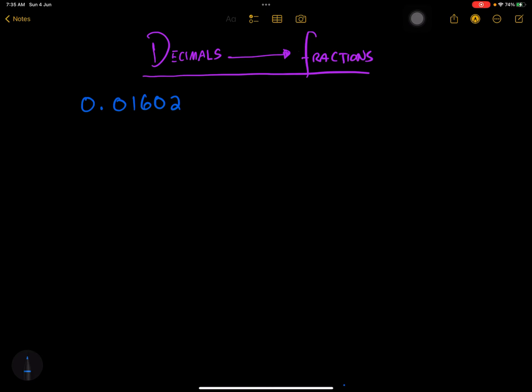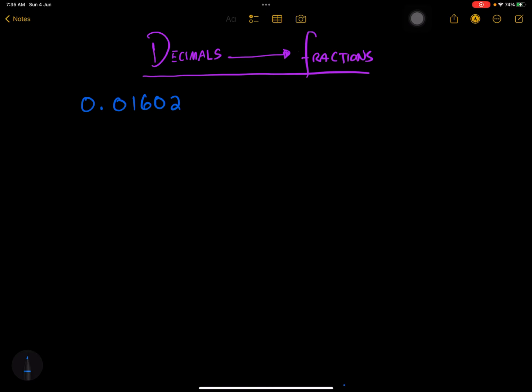What we are going to do is rewrite this decimal again. Then we're going to consider how to move the decimal point to the right, and not to the left.